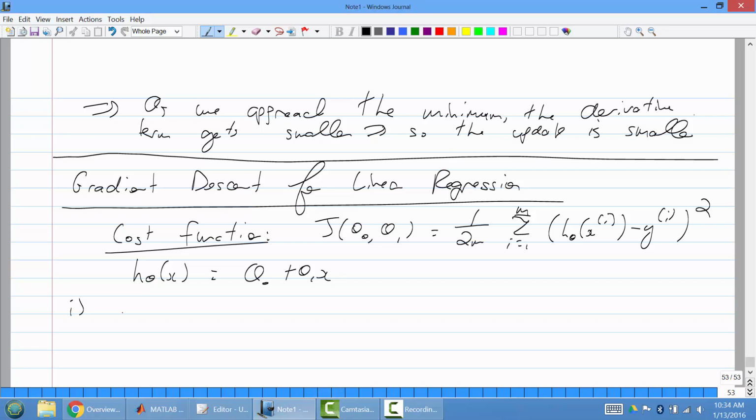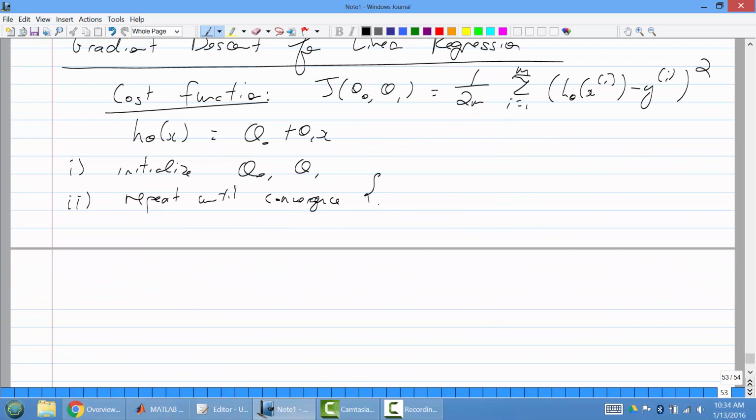Okay? So the first step would be to initialize, right? So 1, initialize theta 0 and theta 1. And then 2, repeat until convergence. You want to repeat the following thing. So this is what the gradient descent was. Right, so you had theta j minus, and then, remember that thing is a partial derivative.